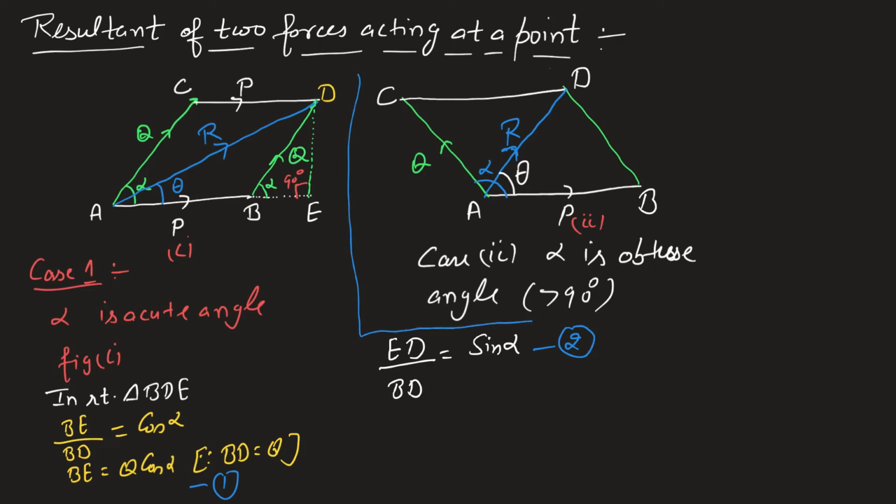So firstly we are going through the case number 1. Now if we see, this AE is equal to AB plus BE. This is very clear from the figure. So if I write from figure, AE is equal to AB plus BE. So we have the value of this one.